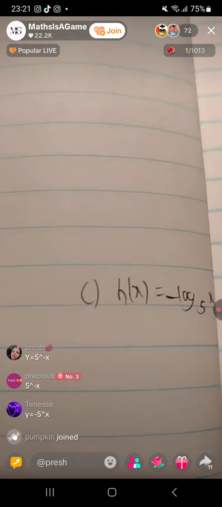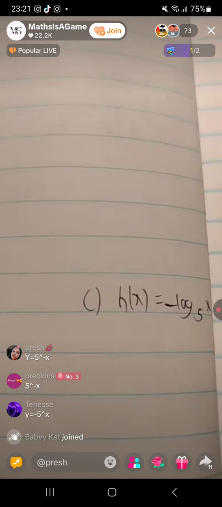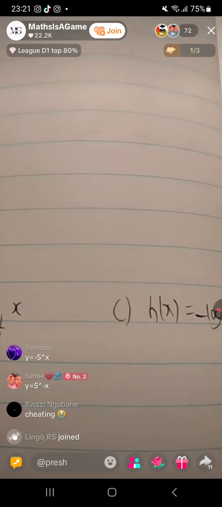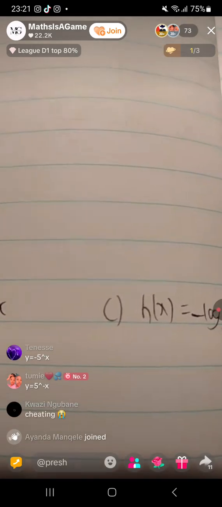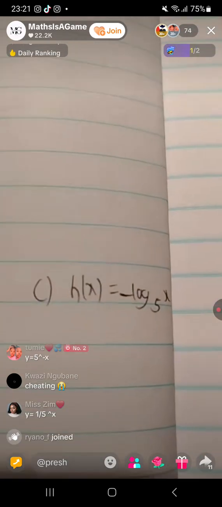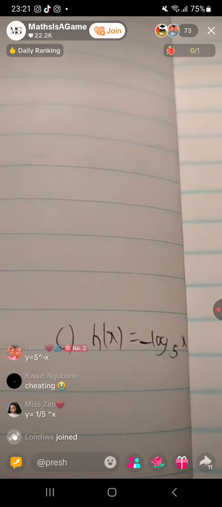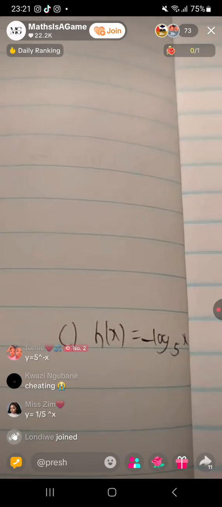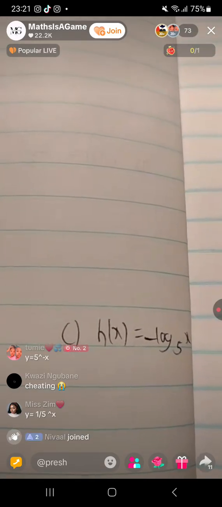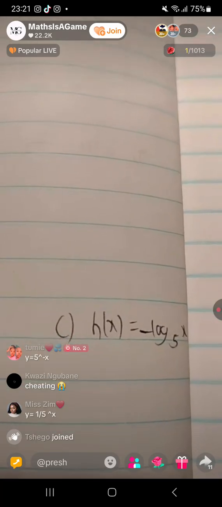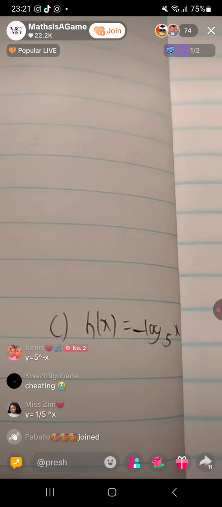Press at number 1, Precious at number 2. I think the guys just allowed the girls to do the things. But cheating? How is it cheating? And then Miss Zim just had to also showcase the fact that the answer can be expressed in positive exponent with 1 over 5 to the power x, which just solidifies it for the girls.